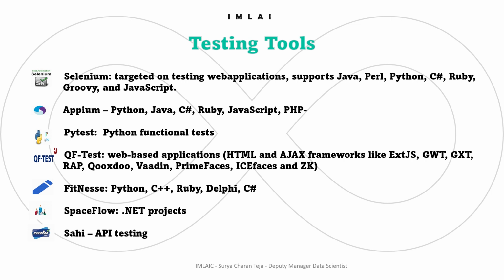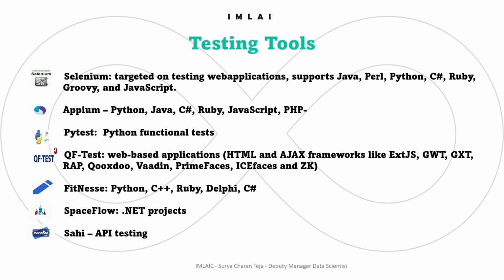For full-blown unit tests or component tests, we use Selenium. This can be used in testing web applications, and supports Java, Python, Ruby, Groovy, and JavaScript. It supports most of the scripting languages that are available presently in the market. That is the reason I prefer Selenium. We use Selenium also. Appium is one more tool which is widely used for Python.